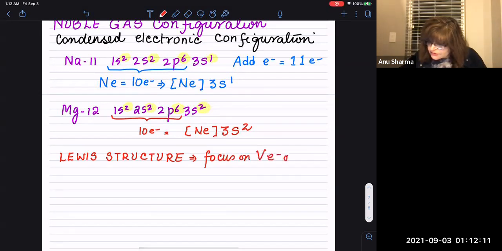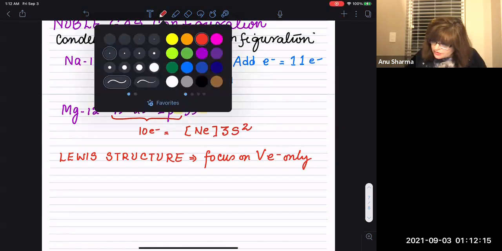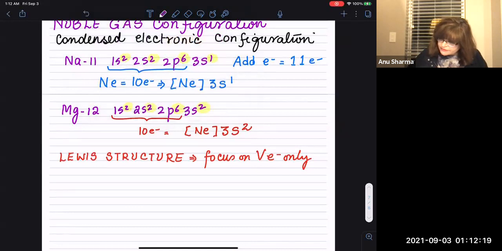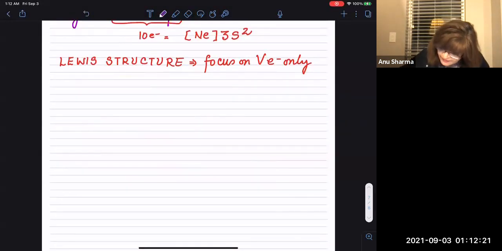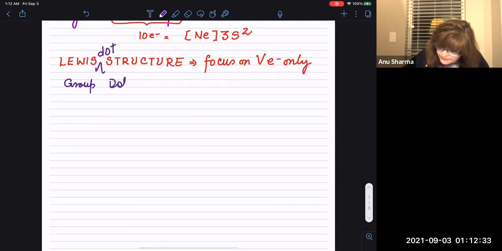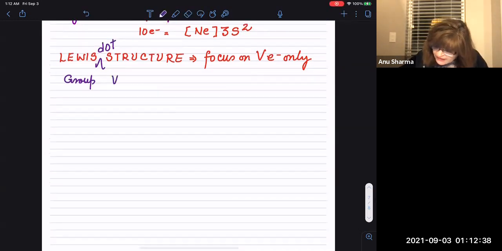Okay, so here's something you should write as a note: Lewis dots are just dots, right? So it's groups, valence electrons, and dots.